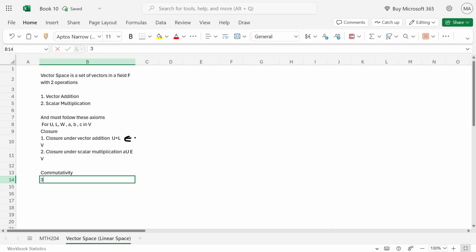This one is additive, number 3, additive commutativity. What this is saying is, take a vector u, add it to another vector l, and it must be equal to l plus u, just in the other direction. So that's it. You see, it is not hard. Additive commutativity.